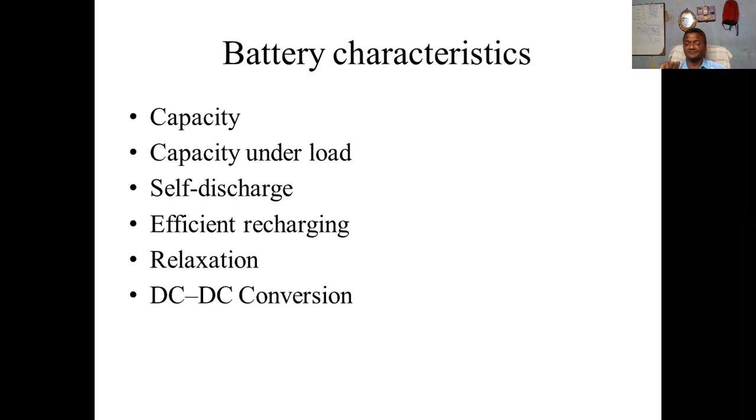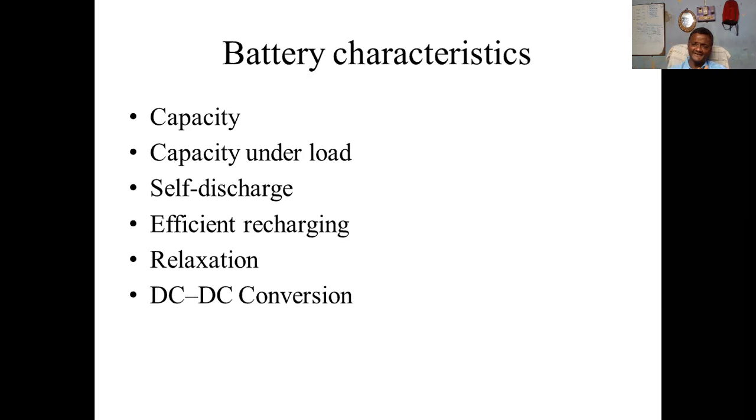For certain applications, to continuously supply the same voltage to the sensor, we use the DC-DC conversion. It can extract all the energy from the battery and supply the constant voltage.